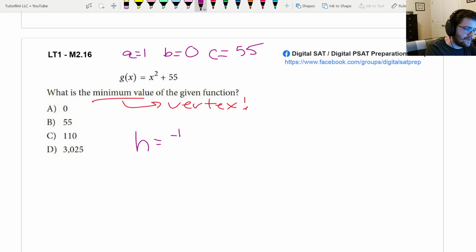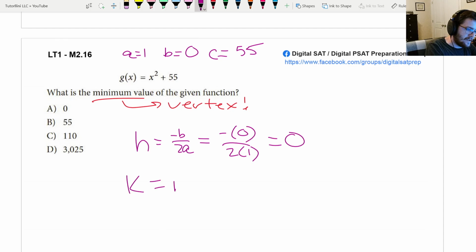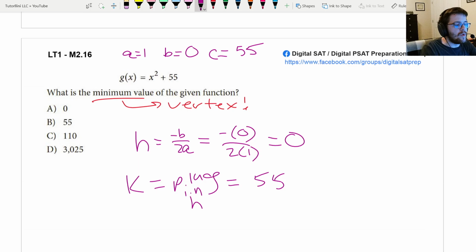h is equal to negative b over 2a. So negative 0 over 2 times 1. That's just 0. And to find k, we plug in the x coordinate. So if you plug in 0, you get 0 squared plus 55, which is just 55. When they say, what is the minimum value?